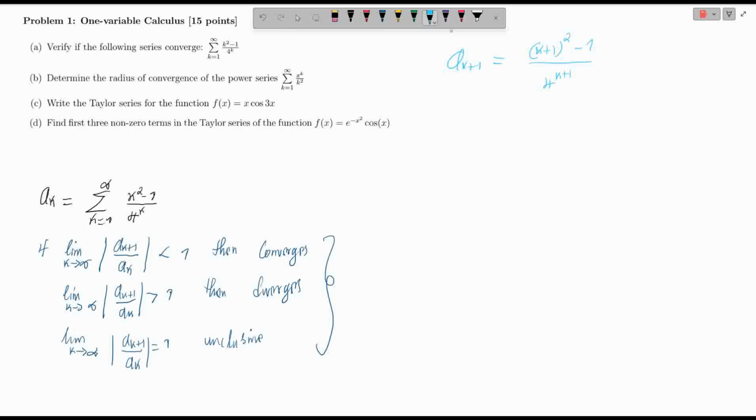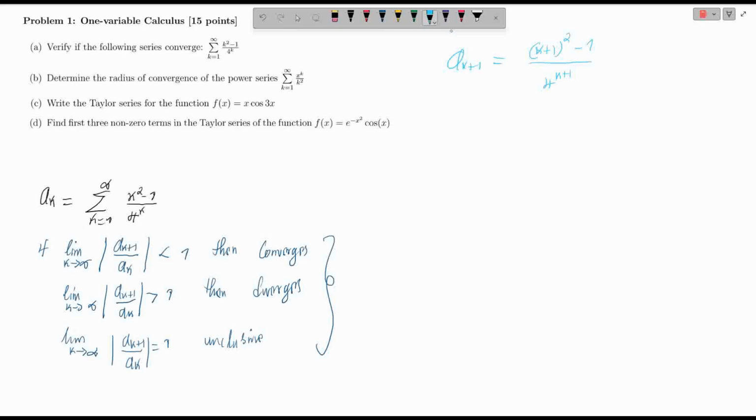Of course this is a composite function made up of a quadratic function in the numerator, k squared minus 1, and an exponential function 4 raised to the power k. You need to have that in mind, because when you're taking the limits of a function, you need to know which functions are there, because there's usually a function priority when you're comparing two functions. I think I'm getting out of the scope.